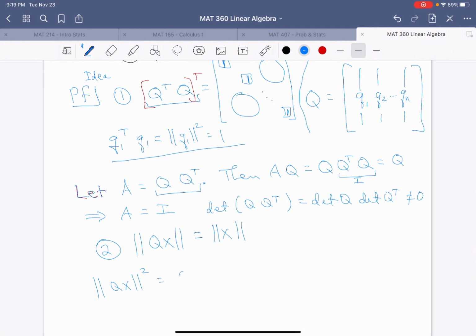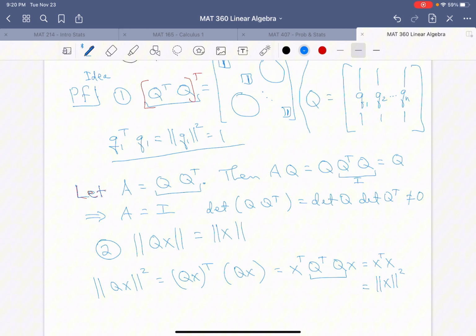Well, we know that that is QX transpose times QX, which is X transpose Q transpose times QX. But Q transpose times Q is the identity. So essentially this is X transpose X, which is the norm, or the length of X squared. And that essentially establishes that second property.